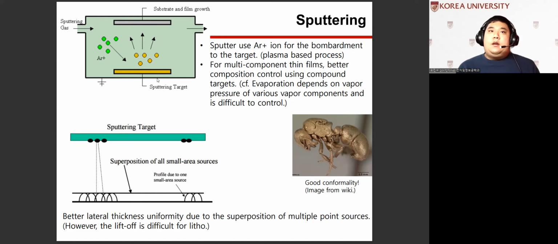The sputtered target is turned into something like nano bubbles, and this is deposited. Because the sputtered target tends to move in many directions, the conformity is really good.